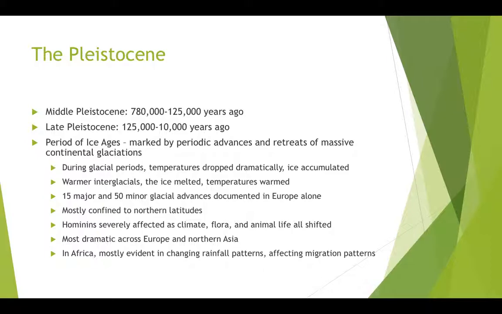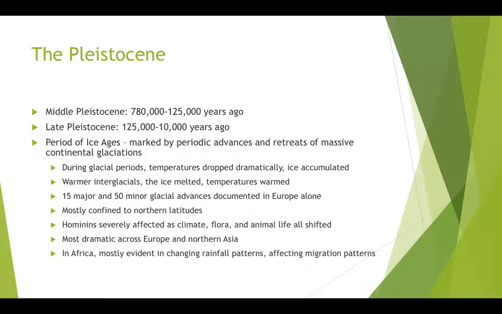The glacial advance is predominantly confined to northern latitudes, though we do see climatic shifts in southern latitudes, and in particular the tropical areas, that are predominantly mediated through prevailing rainfall. So we don't have the same spread of ice and snow in the southern hemisphere that we do in the northern hemisphere, but we do get disruption of normal seasonality and periods of rainfall.